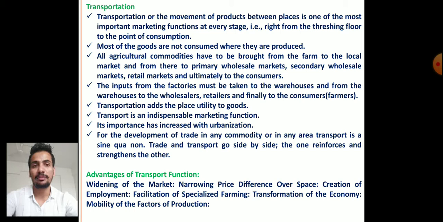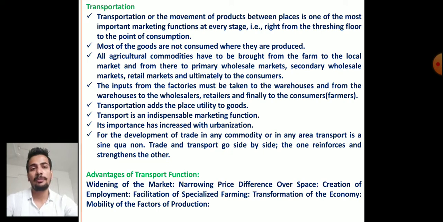As we know, transport is an indispensable, inseparable marketing function, means without transportation good trade or good marketing is not possible. Because of transportation we can sell the produce from one place to another place, or move the produce from one place to another.